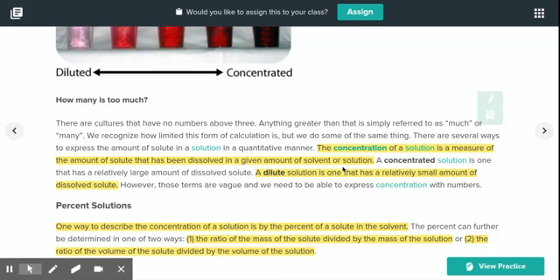If you dissolve a tablespoon of sugar in a tiny cup of water, it will taste very sweet, because we have relatively more solute compared to the solvent, which is water. So it tastes very concentrated.